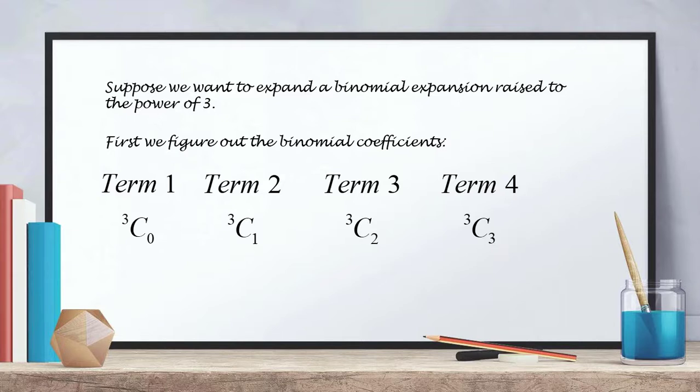Where do we stop? We stop when the lower number is equal to the power. So in this case we have 3 combination 3. That's where we stop. It can't go further than 4 terms when we want to expand a binomial expression raised to the power 3.